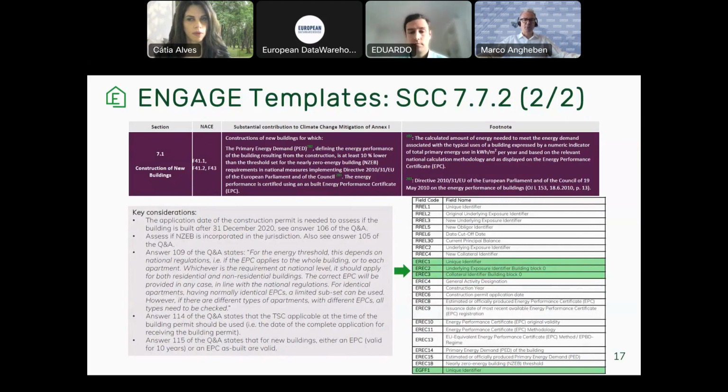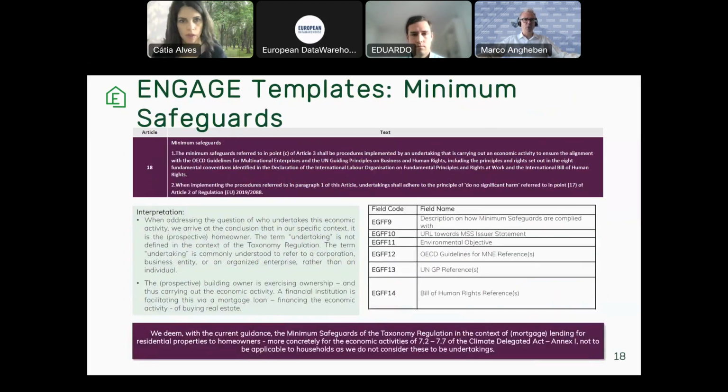What is important here, we also tried to incorporate another answer, the previous one, and to try to interpret and to have the information that is reported according to the questions and answers of the European Commission, in particular for the energy threshold, which is again related and depending on the national regulations.